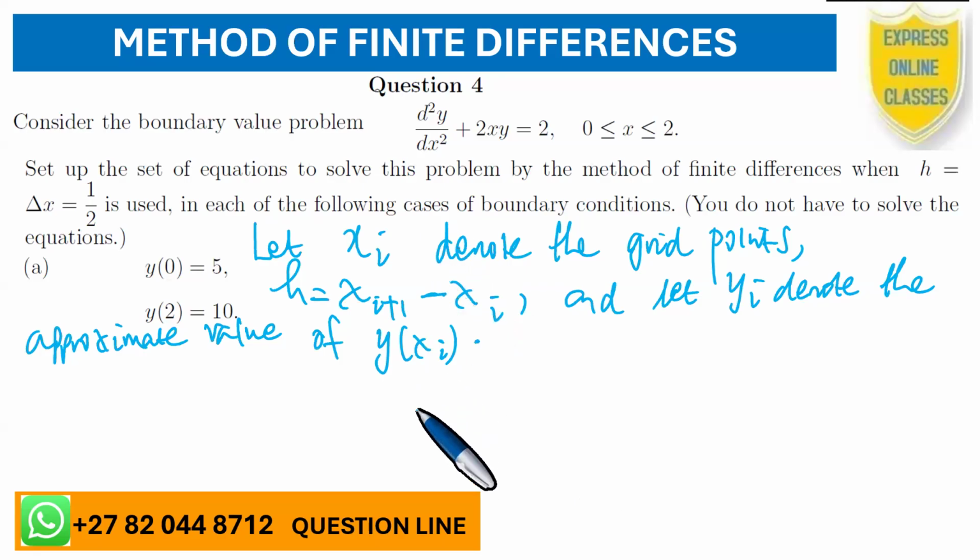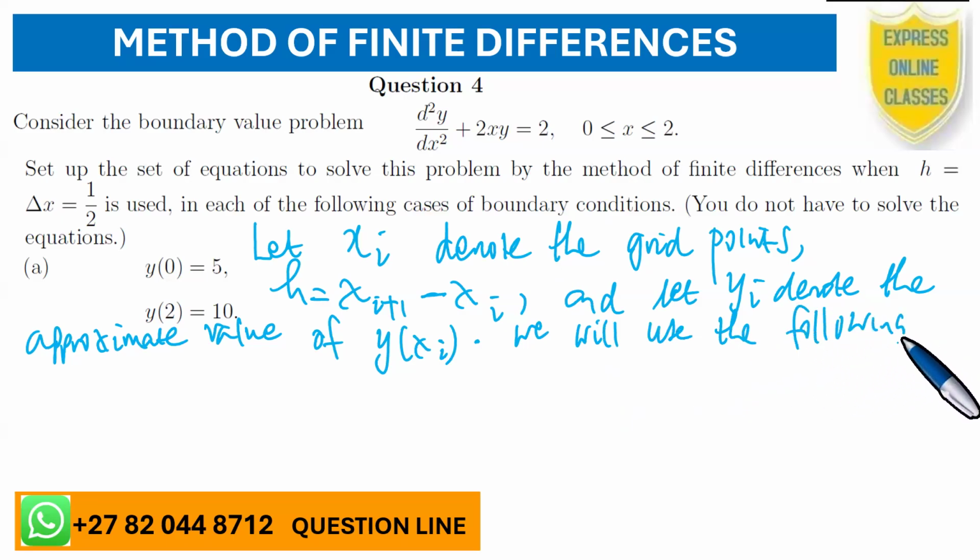So what we then do is use the following approximations. Well, the approximations we use are as follows. We have the second derivative of y with respect to x.